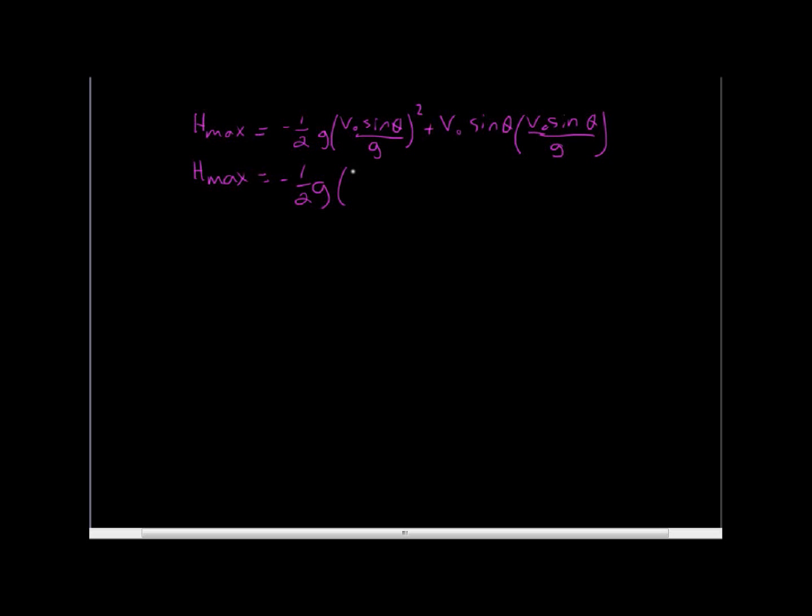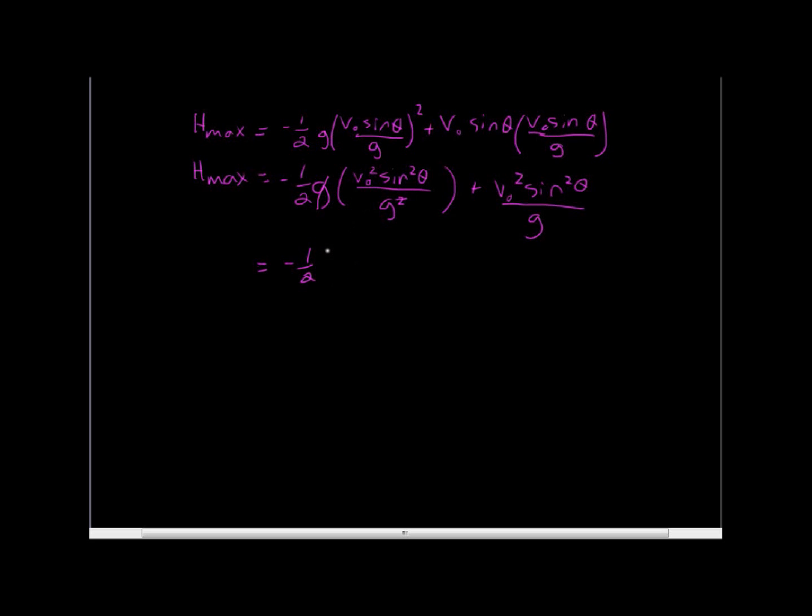So we get v naught squared times sine squared theta all over g squared. And over here, you can see the v naught sine theta is going to be multiplied by a v naught sine theta. And so that's going to be v naught squared sine squared theta all over g, which is going to be equal to negative 1/2. So right here, this g cancels out with one of those g's.